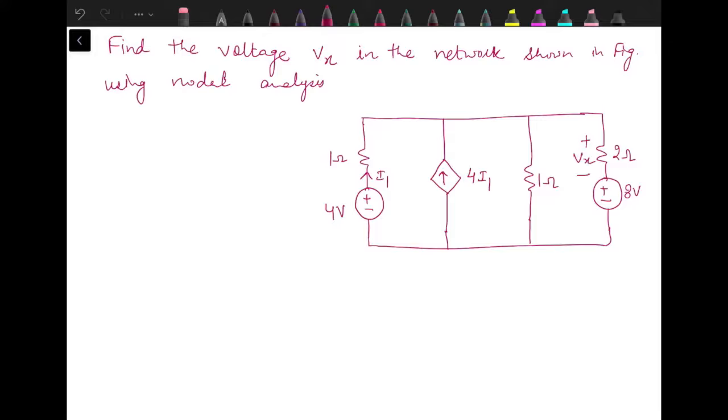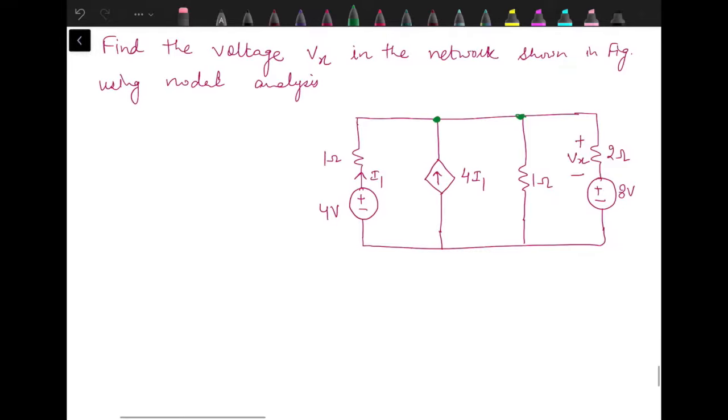The first step in nodal analysis is always to identify how many nodes are there where we can apply KCL. Out of them we have to assign one as reference, and to the remaining nodes we assign the voltage with respect to reference. So here how many nodes are there? These two are the same points, since there is no potential difference when we move from this point to this point.